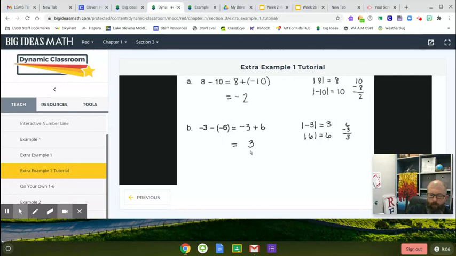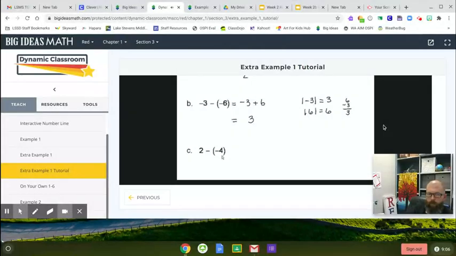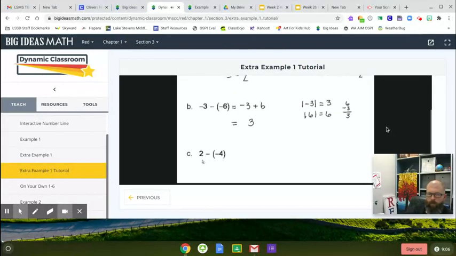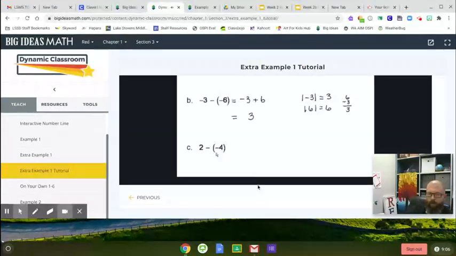Remember, when we're subtracting a negative number, we can write it as adding the opposite. So we have 2, then we add the opposite of negative 4, which is positive 4. Now we have addition of two positive integers, which we can do: 2 plus 4 is equal to 6. So 2 minus a negative 4 is equal to 6.